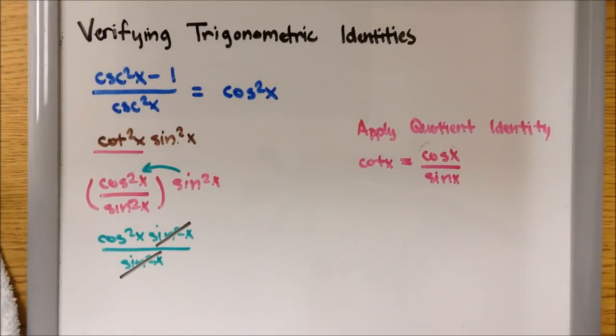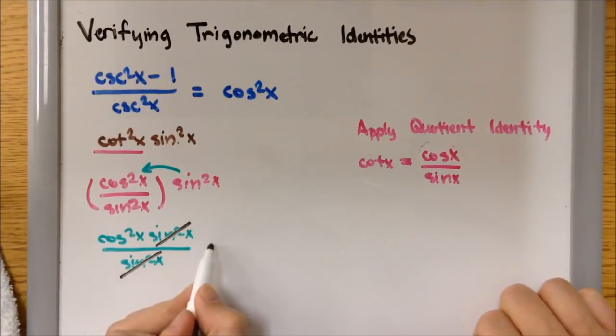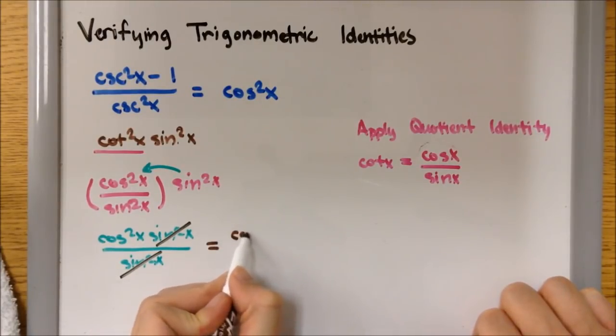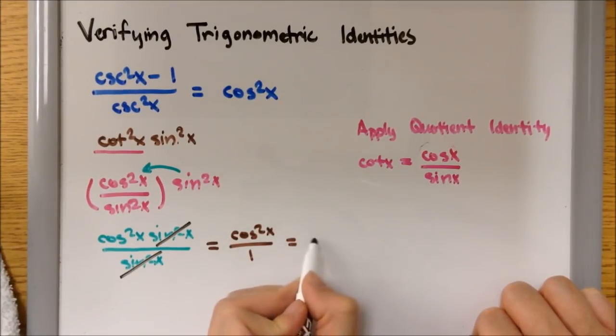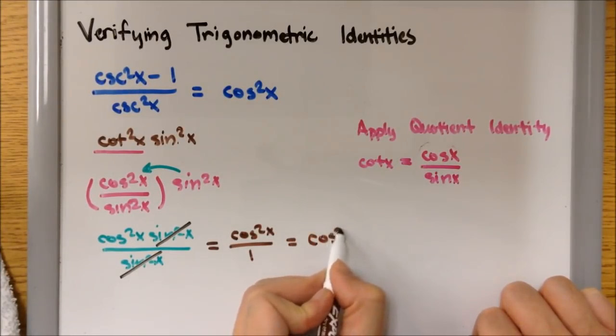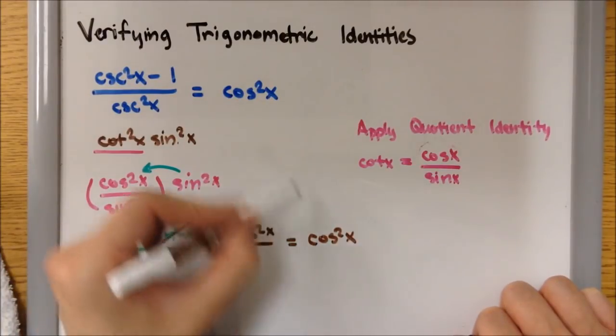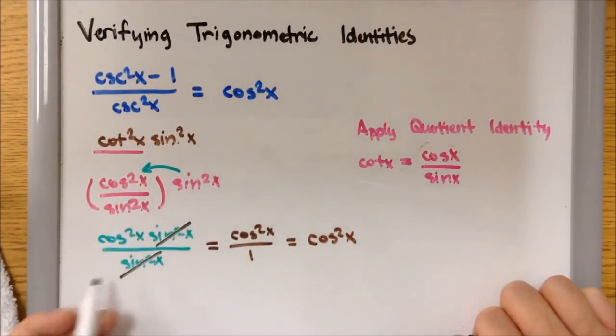That will equal what's left, which is cosine square x over 1, which simplifies to cosine square x, which is the same as the original.